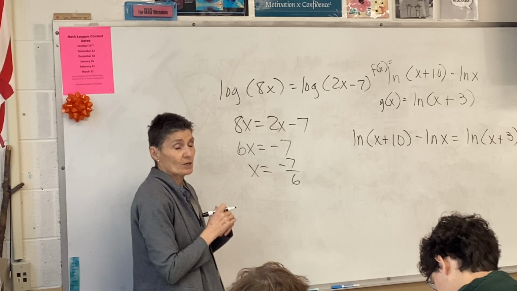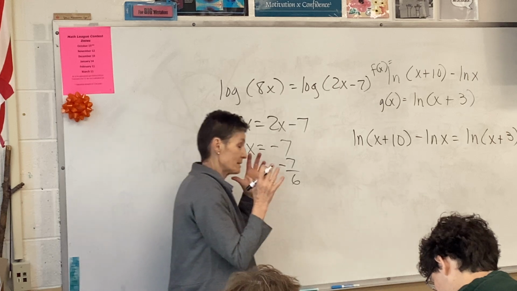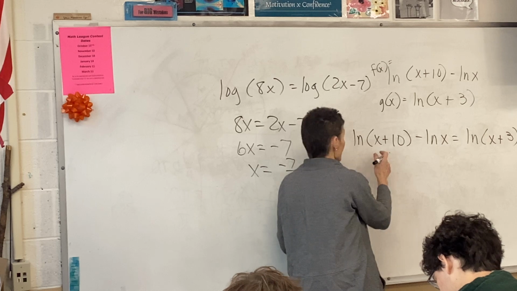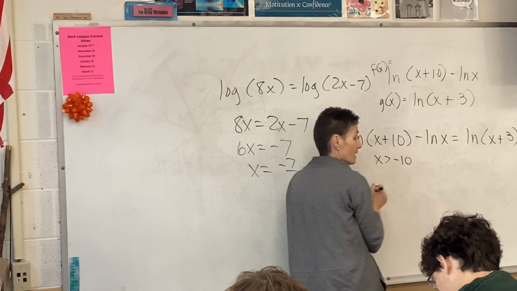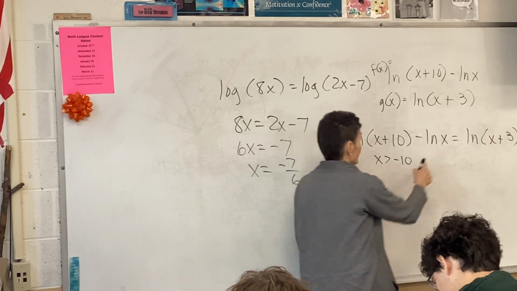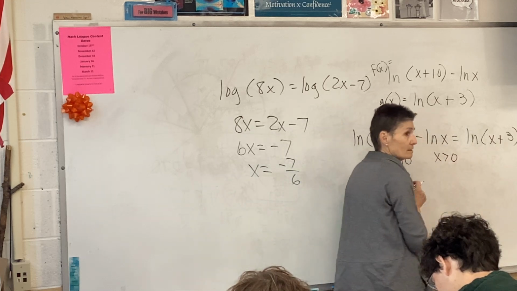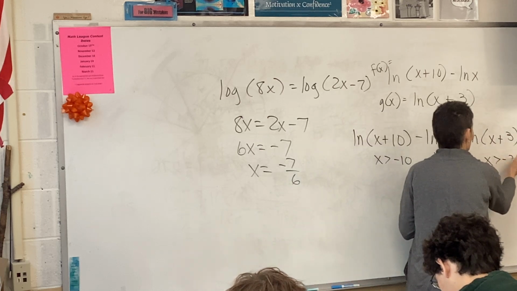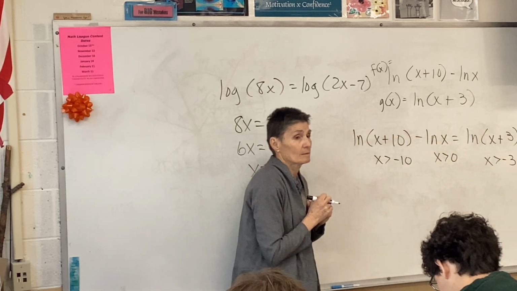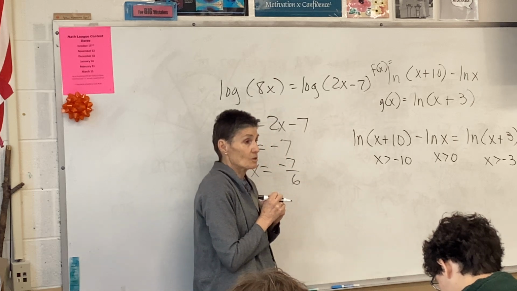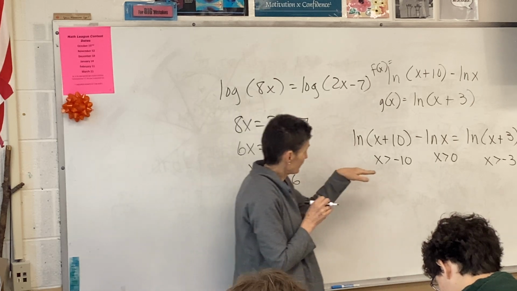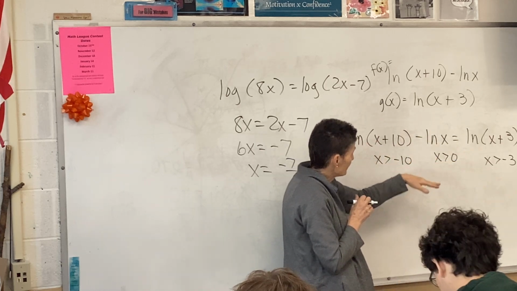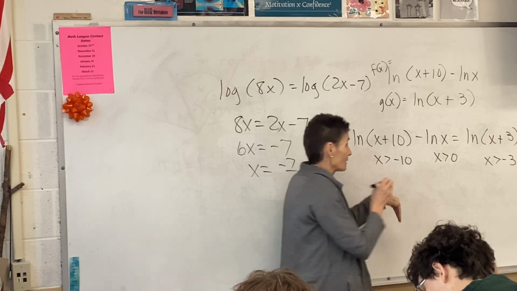And I don't care if you check at the beginning or the end, but at some point you have to make sure that whatever your x is, it's bigger than negative 10, it's bigger than 0, and it's bigger than negative 3. So ultimately, we put all these together, we have to be all of them. What do we have to be? It looks like we gotta be bigger than 0.